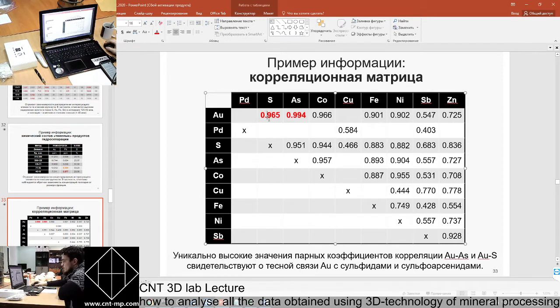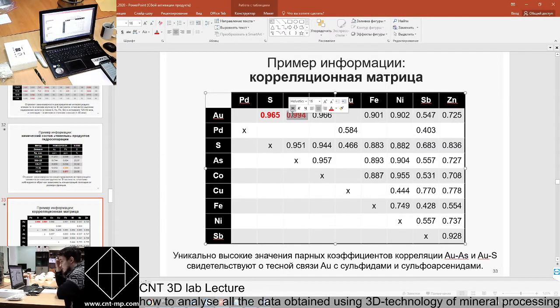So in this exact case, we see that the highest correlation coefficients are for aurum, gold, sorry, sulfur and arsenic.